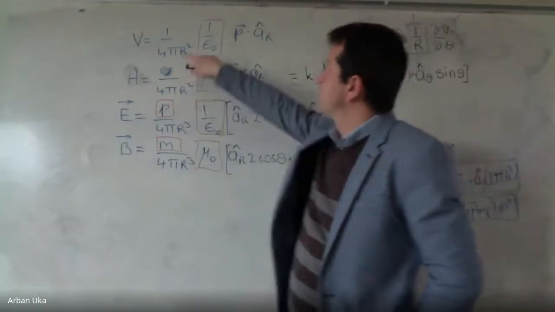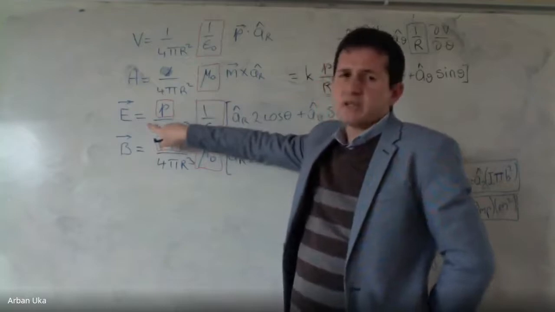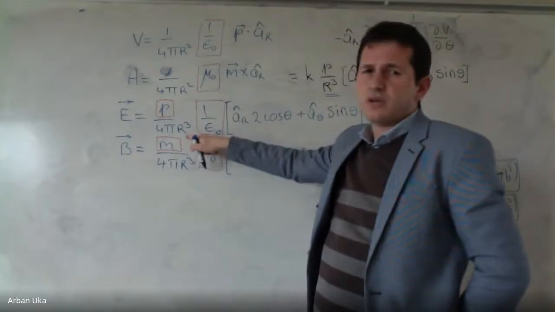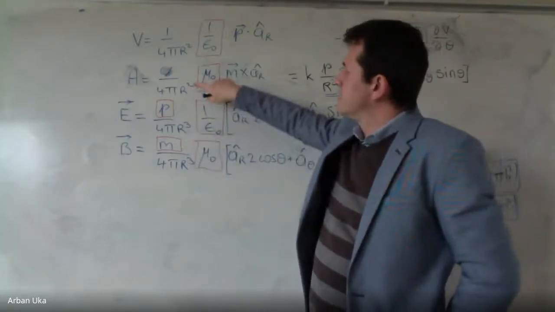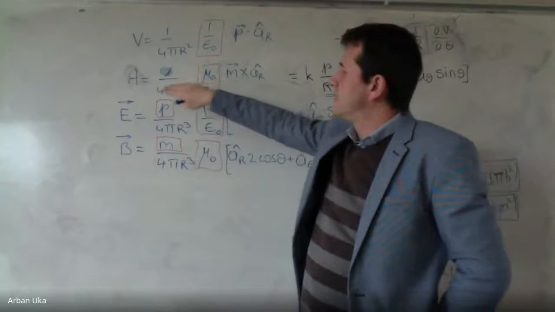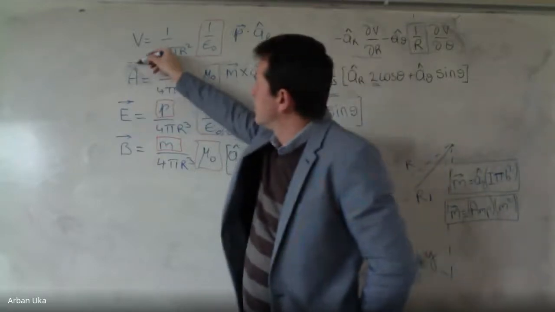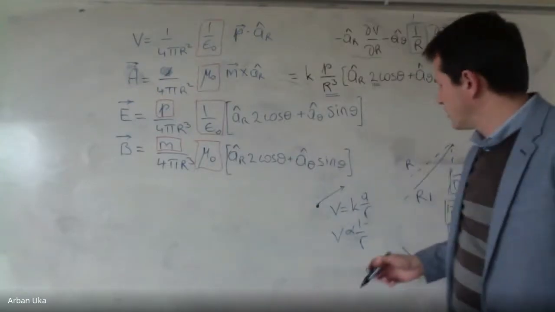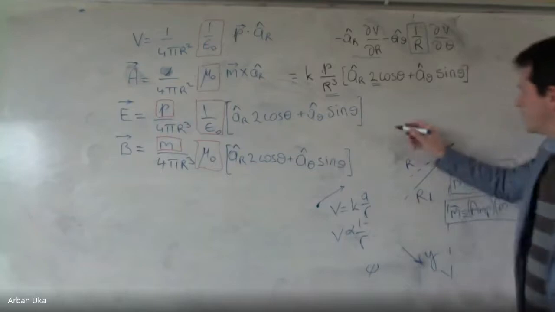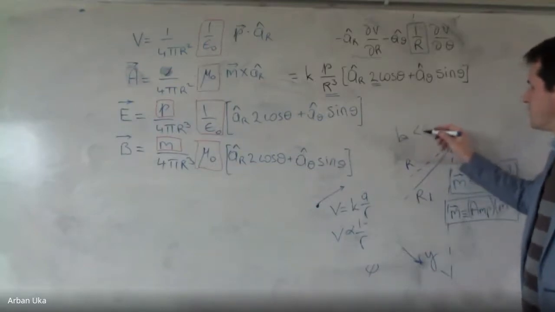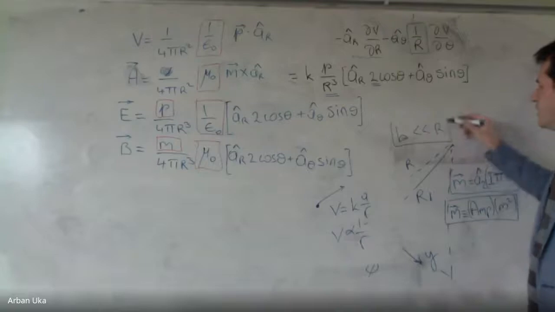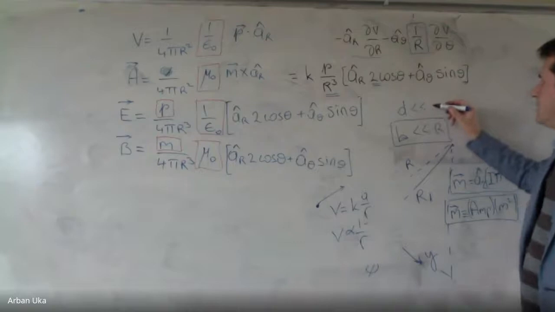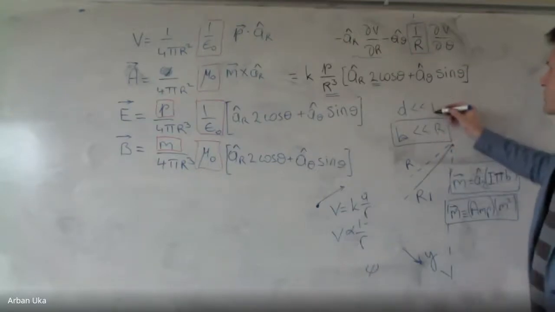Since the electric field is a space derivative of this potential with respect to r, that's why we get r cubed here. Similarly, this A is a vector, which in principle is proportional to 1 over r. But since we're doing approximations, where b, the radius of the loop, is much smaller than r, we follow a similar approximation to the electric dipole, where d, the distance between the two charges, was much smaller than r.